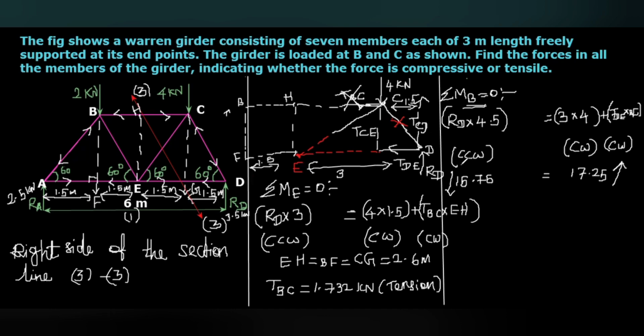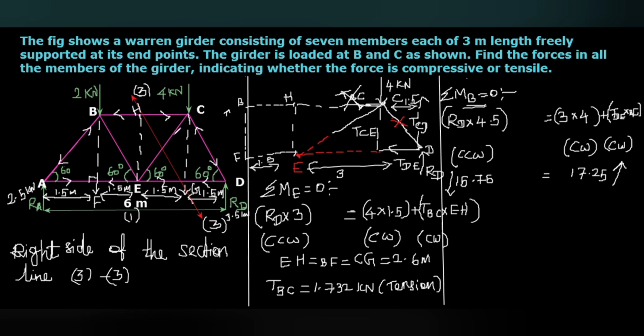Whatever the direction it is going to act, either it may be outwards from C or inwards to the C. Here you can see the horizontal component passes through B. So the moment made by the horizontal component of TCE can be eliminated.